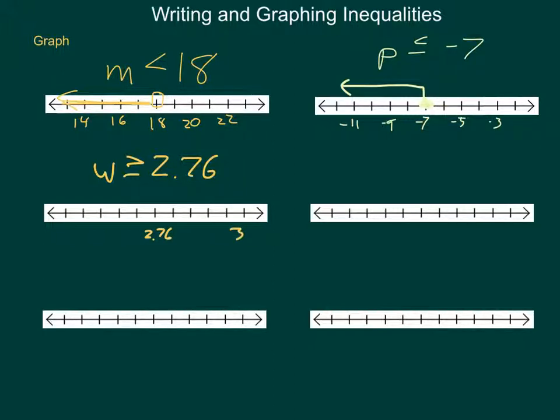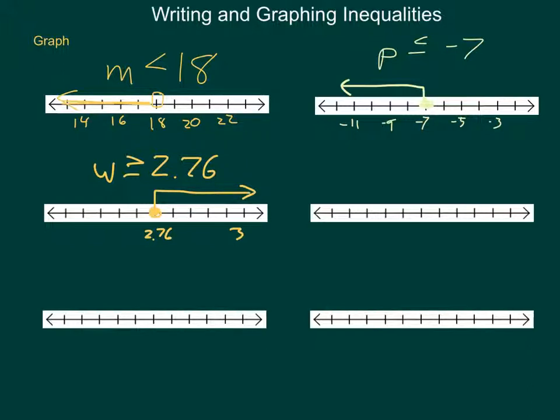I'm simply going to call my top value here 3. That sets a scale, even though I don't have to denote exactly what each line represents. It is greater than or equal to. Greater than is to the right. Equal to tells me that I have a filled in circle at my border number. And to the right is greater.